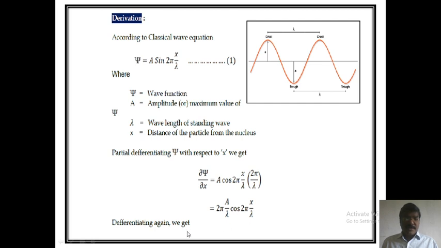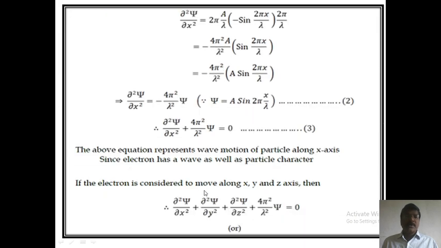Again differentiating, we get ∂²ψ/∂x² = (2πa/λ) × (−sin(2πx/λ)) × 2π/λ, that is equal to −(4π²a/λ²) sin(2πx/λ), that is equal to −(4π²/λ²) × a sin(2πx/λ).